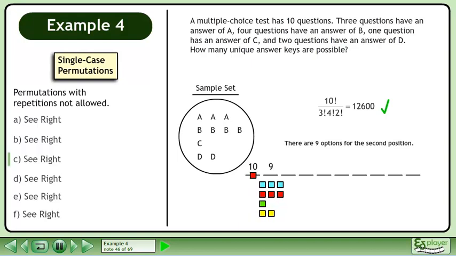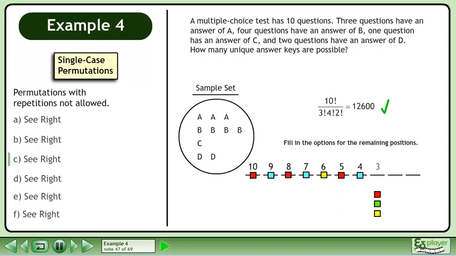There are 9 options for the second position. Fill in the options for the remaining positions. Multiply the numbers to get 10 factorial.